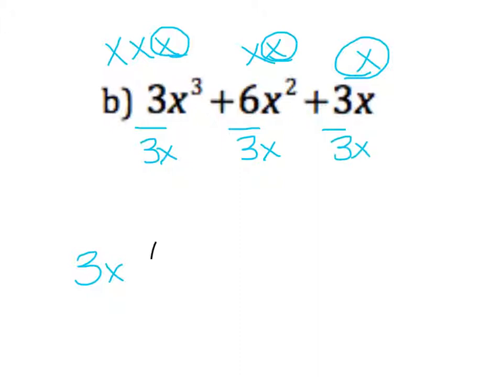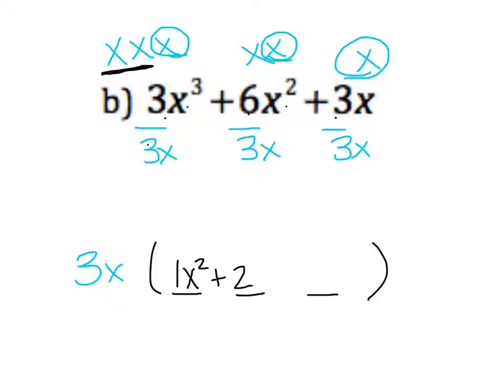So writing my leftovers. Now if you start with 3 terms, 1, 2, 3, you'll have 3 terms in your leftovers, no matter what your greatest common factor is. So dividing 3 by 3, you're going to get 1. X to the third divided by x, you can see if I took 1 out that I circled, I'm going to have 2 left over. 6 divided by 3 is 2.